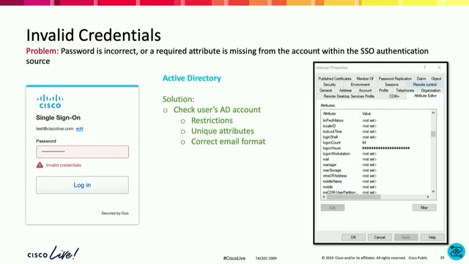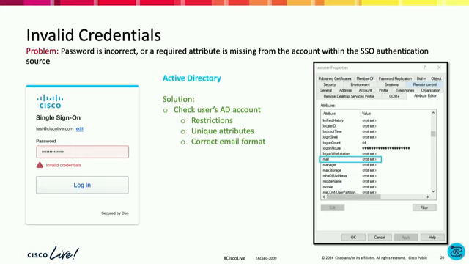Something that is essential to single sign-on is an email domain and email in general. As you can see here in this AD account, this test user is missing the mail attribute. Because the mail attribute is missing, they're going to receive the invalid credentials error, and that is the cause. Once you add in that mail attribute, they should be set and will no longer receive invalid credentials.